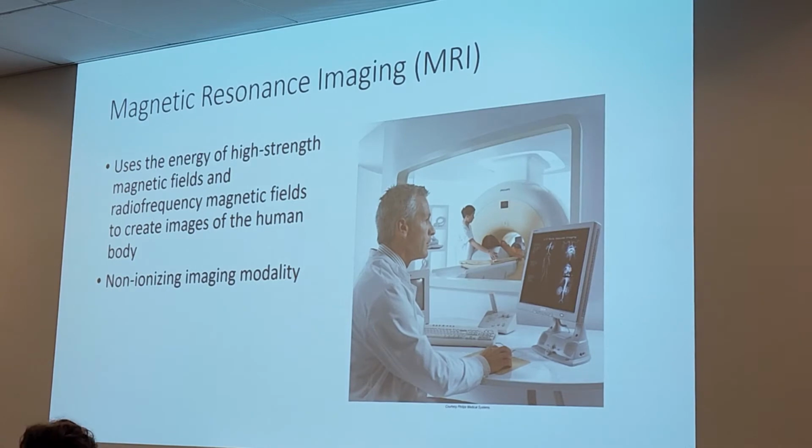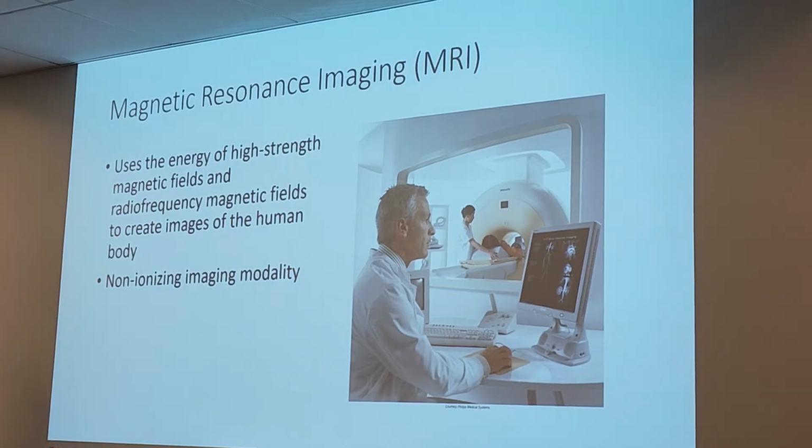Okay. MRI, magnetic resonance imaging. This one is a personal favorite of mine because I do also teach the MRI program here at Harris Health. Instead of ionizing radiation, we make use of magnetic fields. These magnetic fields are varied.